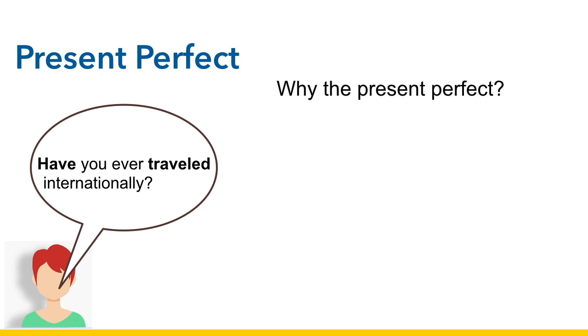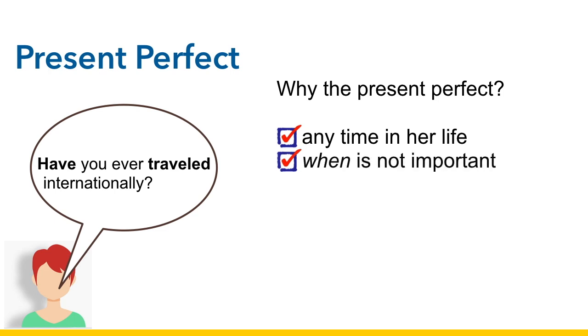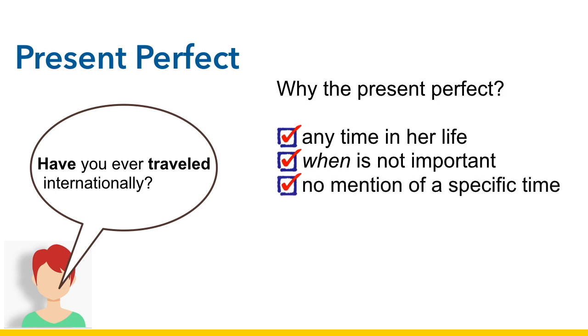Here, this person wants to know if Rachel has ever traveled internationally any time in her life, any time before now. She doesn't care about when. When is not important. And she doesn't mention a specific time in the past. These are all reasons we use the present perfect.